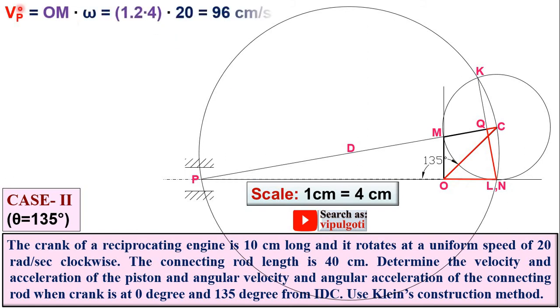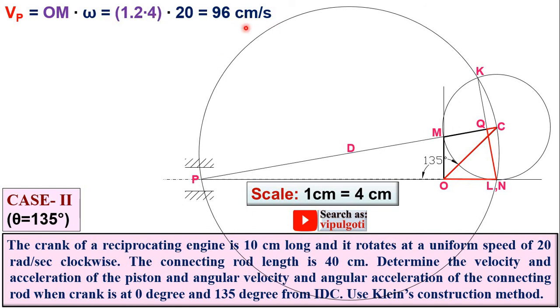Now already we have discussed velocity of the piston, that is always represented by OM, and once again it is velocity, so it should be multiplied by omega. So if you measure the length of the OM vector in centimeter, then it will be 1.2 centimeter and scale is 4 centimeter, so it should be multiplied by 4. Then omega is given to you as 20.